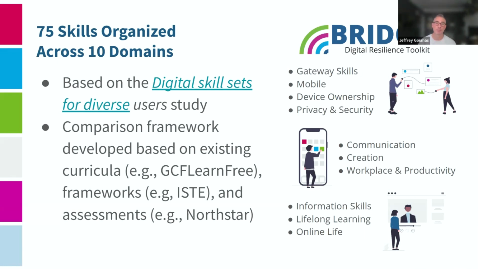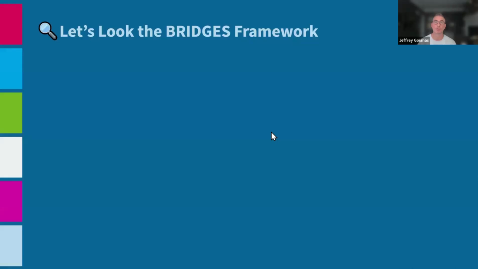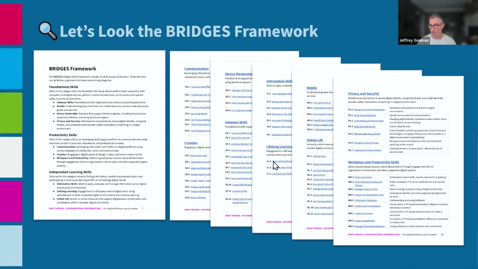And it's not that we're necessarily pushing for everyone to be online all the time, but recognizing that there's absolute benefits, and you sometimes are being left out of being active in your community and being able to accomplish things efficiently that you may not be able to do if you are not at least aware of what you can do online. So we're going to take a look at the Bridges framework now.